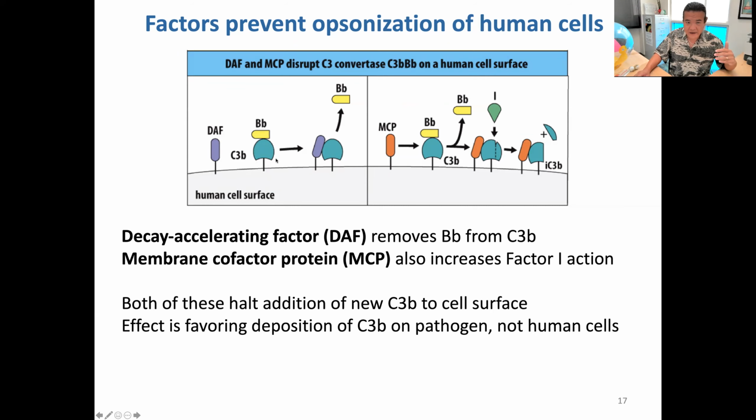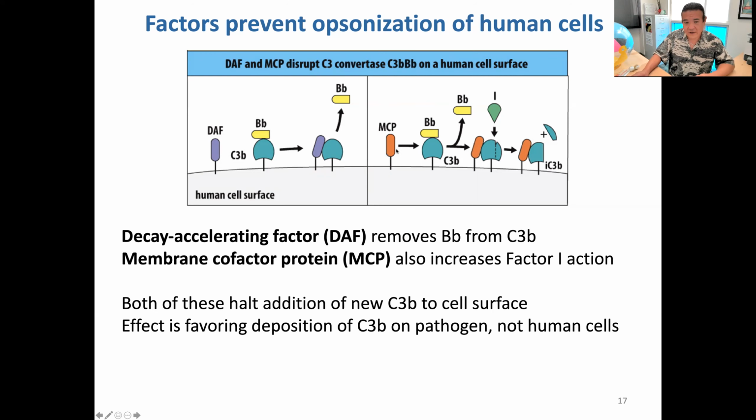Uh-oh, look what happened. Accidentally, a convertase complex starts forming on your normal cell. You don't want this thing to start going to work. Fortunately, the DAF protein comes along, binds it, and kicks the Bb off, thereby neutralizing the ability of this convertase complex to cause any more trouble and start recruiting more C3s.